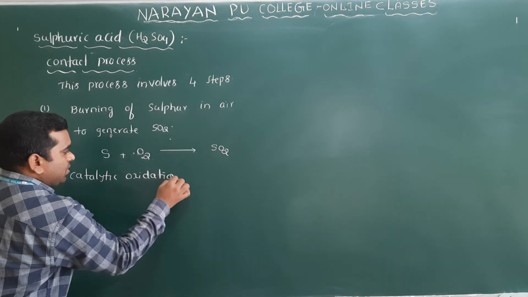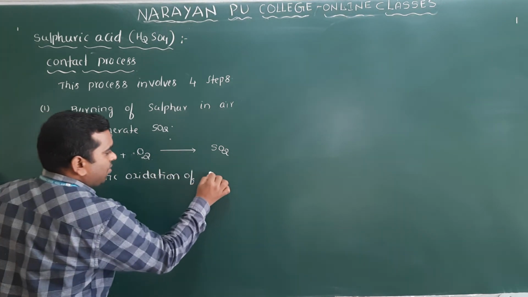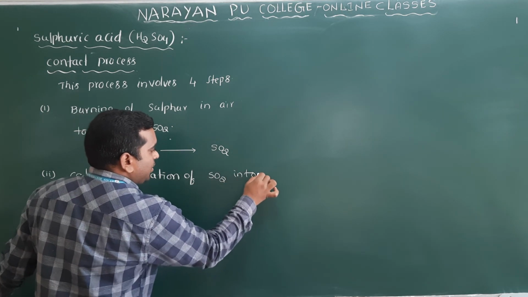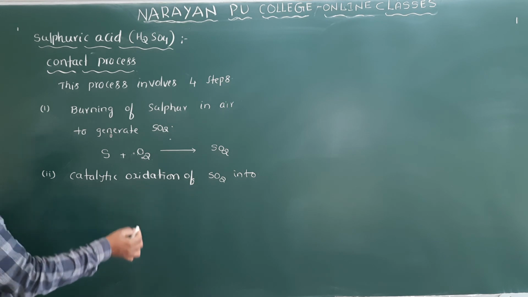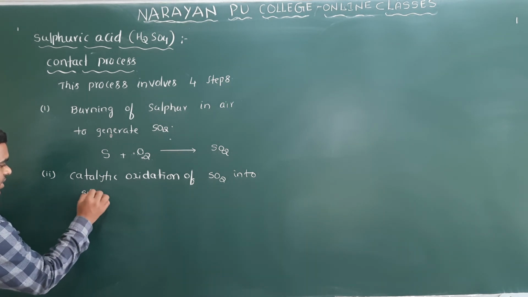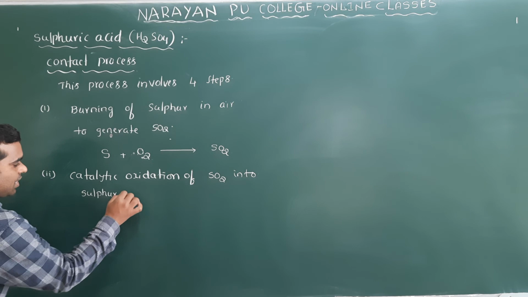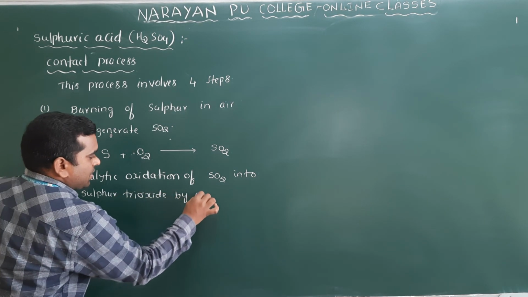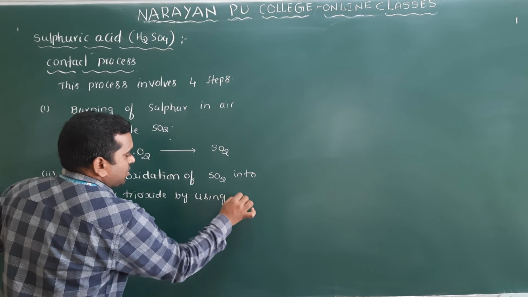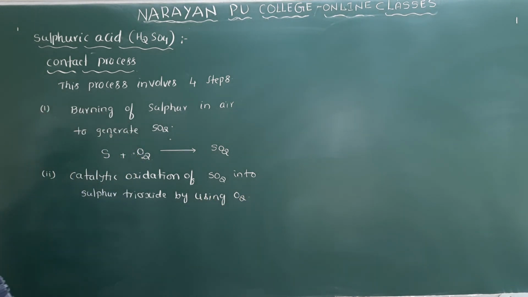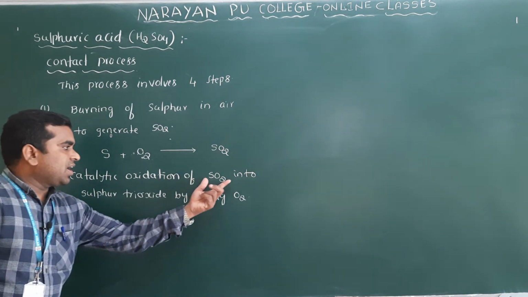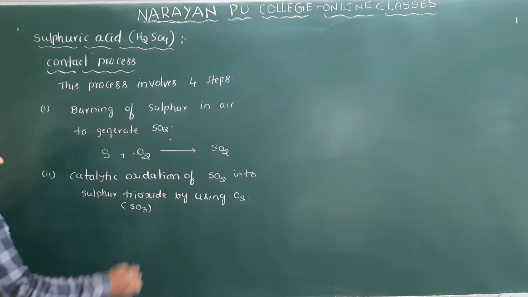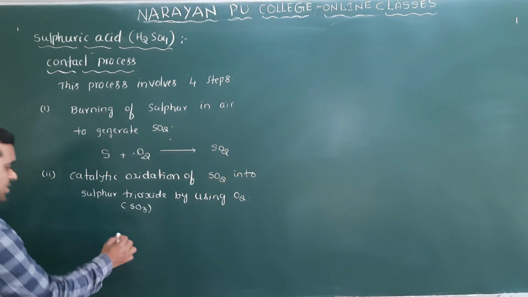Sulfur dioxide into sulfur trioxide by using oxygen or air, whatever it may be. What is the sulfur trioxide formula here? SO3.